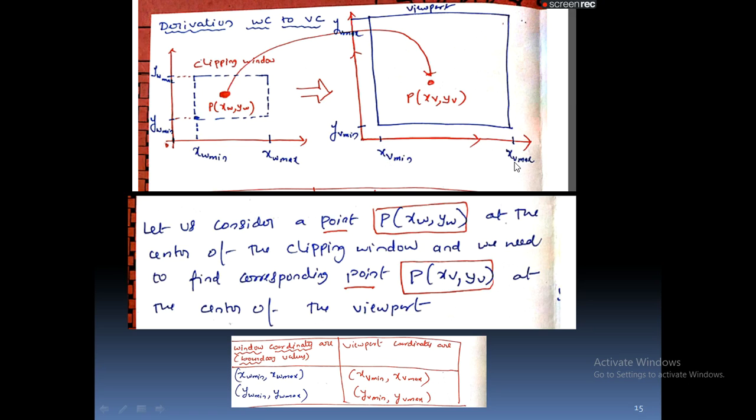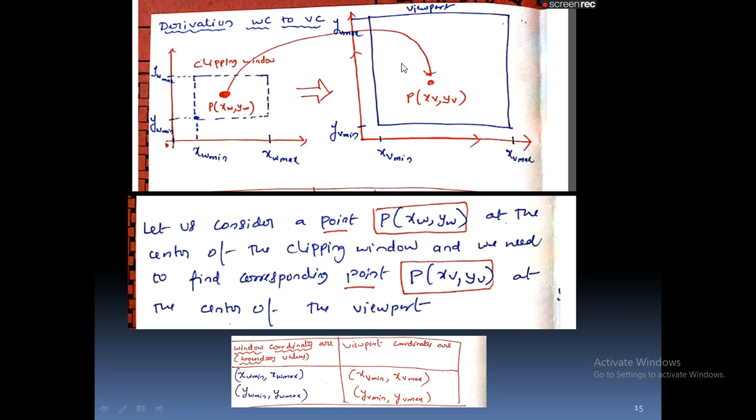XV max, where V represents viewport, is the viewport x-axis maximum value. Similarly, YV min means the viewport y-axis minimum value, and YV max means the viewport y-axis maximum value. So using this Cartesian reference frame, I defined the standard size of the viewport.